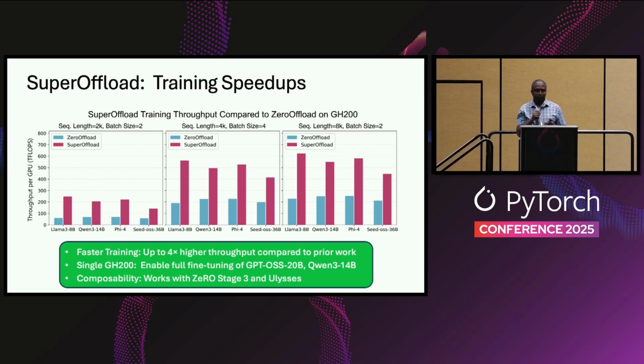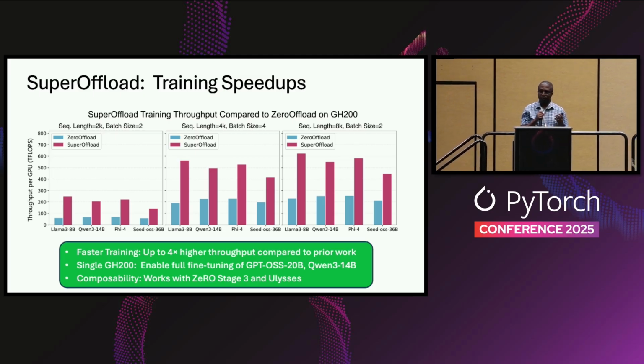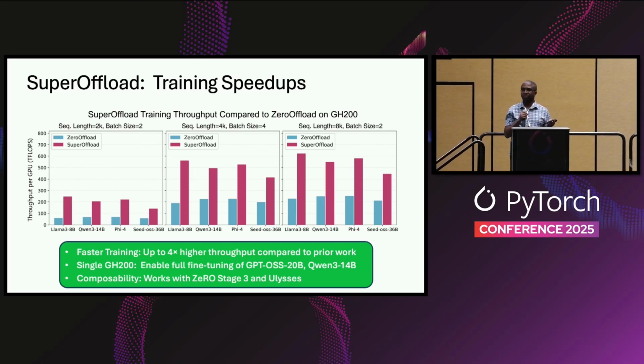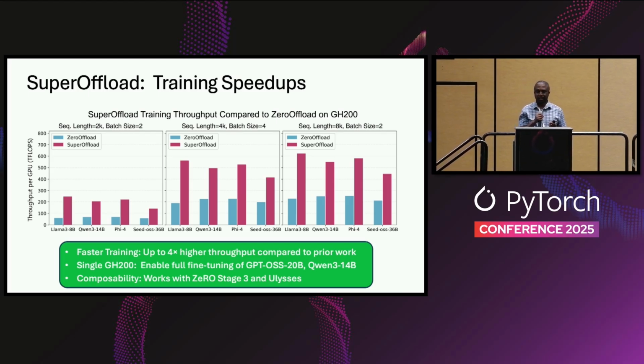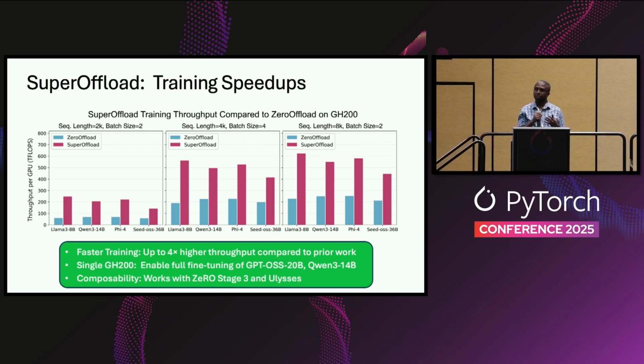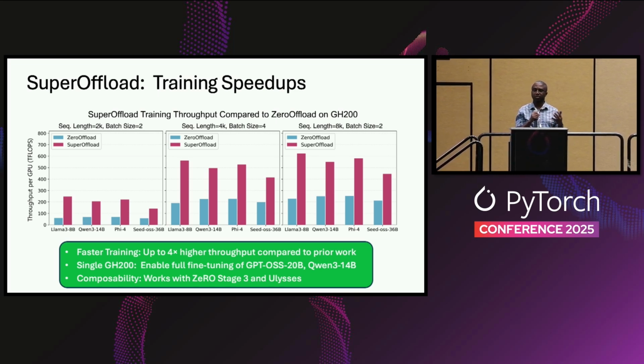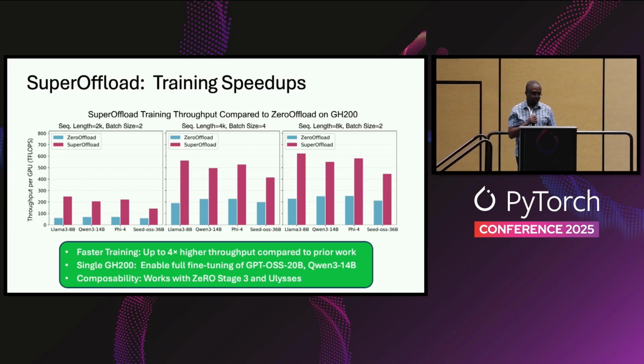All in all, for SuperOffload, we get speedups compared to the baseline of about 4 to 5x. The technique itself is composable with existing ZeRO and Ulysses techniques, and so that means you can plug it in easily into your existing workflow.